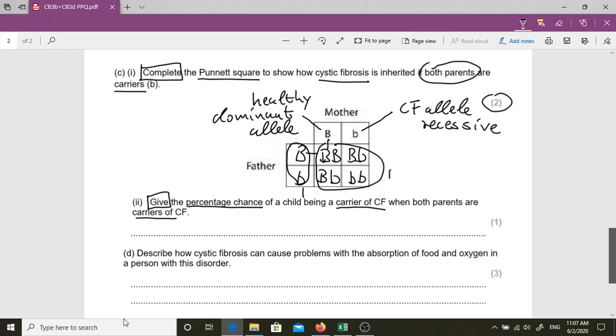You can see that there's also a chance for the child to have cystic fibrosis, but if we are looking for carriers, we are only looking for the heterozygous genotype, where we have a dominant healthy allele and a recessive cystic fibrosis allele. We've got 2 carrier ones, and then we've got 2 that are either completely healthy or have cystic fibrosis, so it's 2 to 2. This means we've got a 50% chance that we have a carrier.